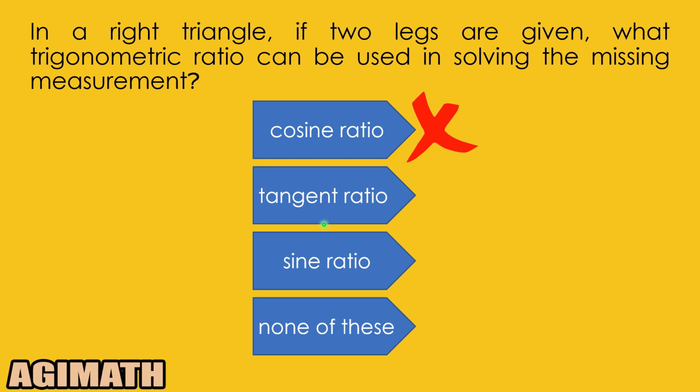So we do not have a hypotenuse, so that is a check. How about sine ratio? Sine ratio is opposite over hypotenuse, so that is x. Now none of these, because we already have a check, then this is also x. Therefore, the ratio that we can use in solving the missing measurement if two legs are given is tangent.